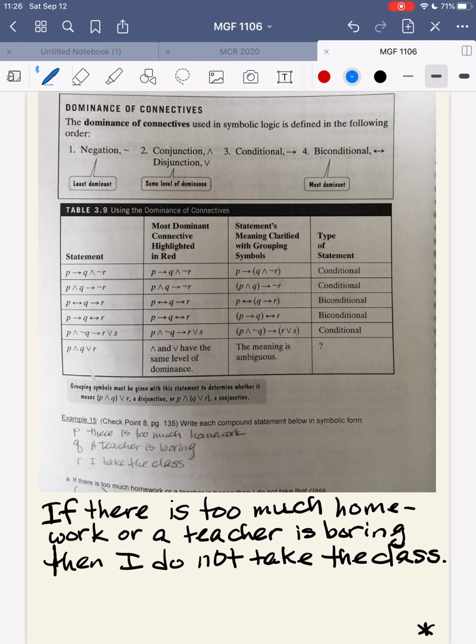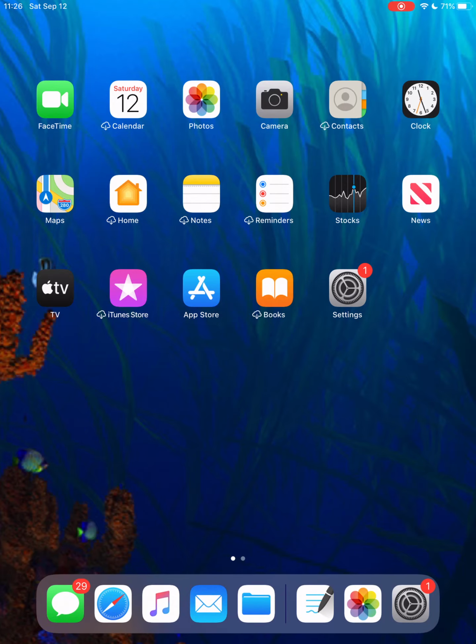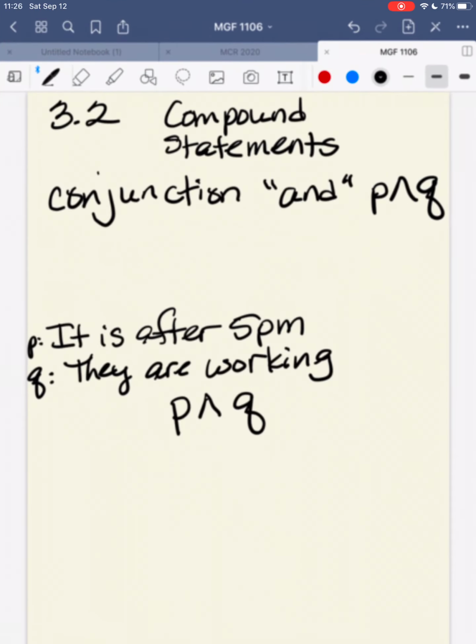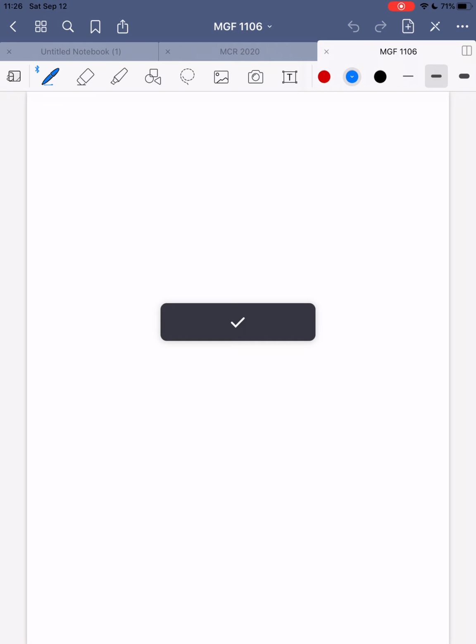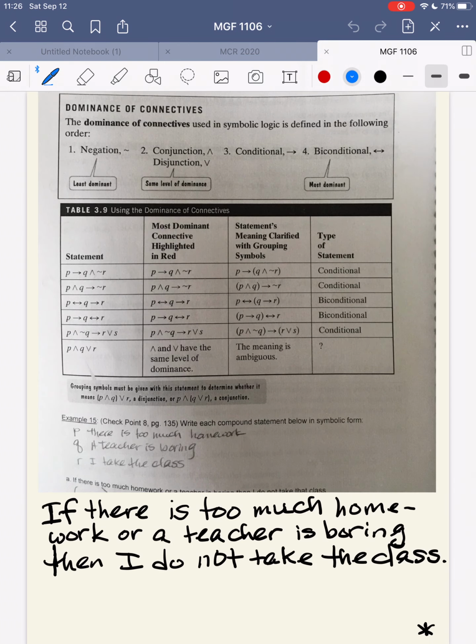So if we have dominating statements here, our least dominant is our negation. Our next dominant is the conjunction and disjunction.